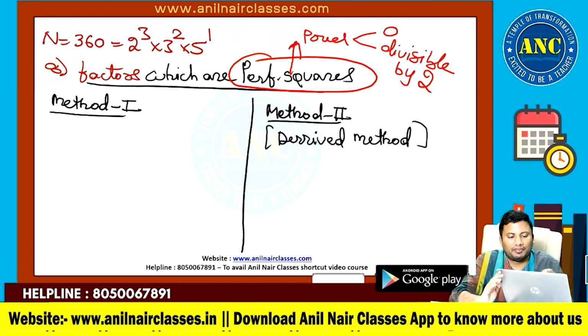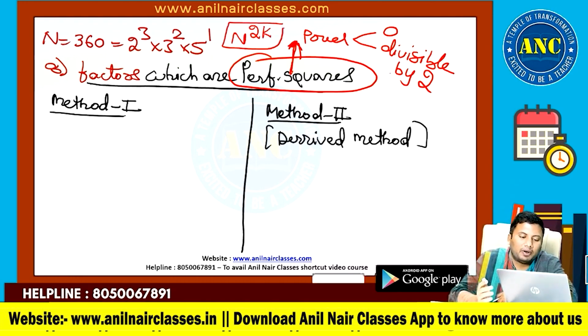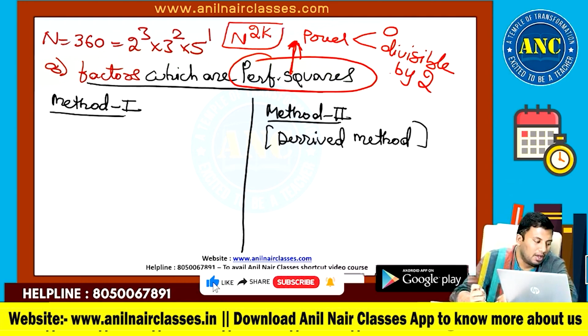In other words, a perfect square should be of the form n power 2k.